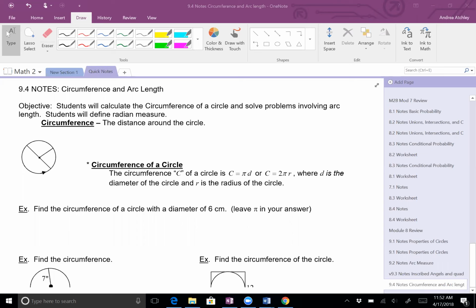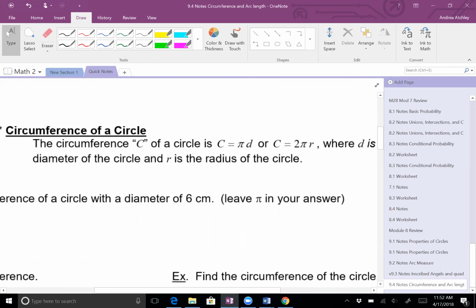Circumference is the distance around the circle. The circumference of a circle, C, is circumference equals, so you need to highlight this. This is your formulas. You should already know the circumference. Circumference is pi times diameter.